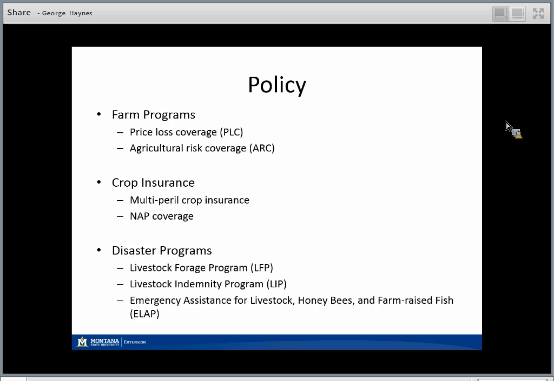This is early in the Farm Bill process, and if you have a chance to be a part of one of the listening sessions, they've had a few of those in Montana, I would encourage you to do that, because that allows you to have input into all of these things that we think about as farm policy.